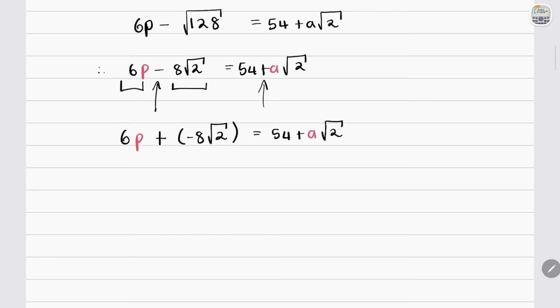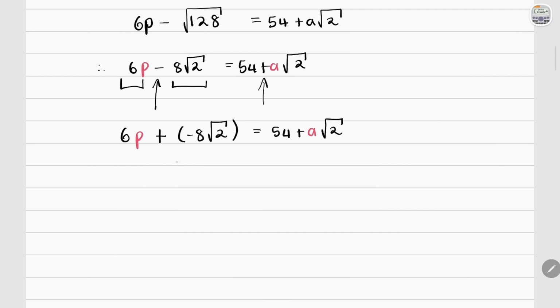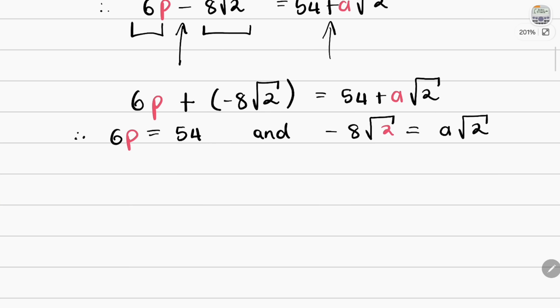Because this is an equation, the left-hand side must be equal to the right-hand side. Then this means that 6p is actually equal to 54 and negative 8 square root 2 is actually equal to a square root 2. And then you can just solve for p and a here and find what they asked us to find.